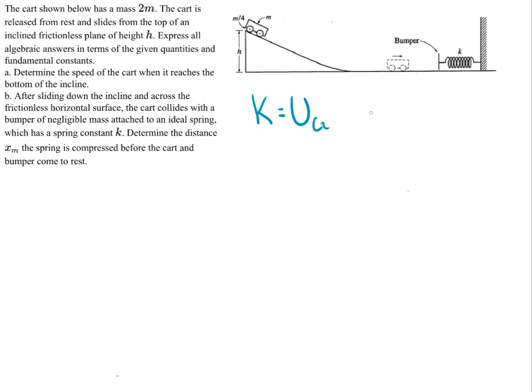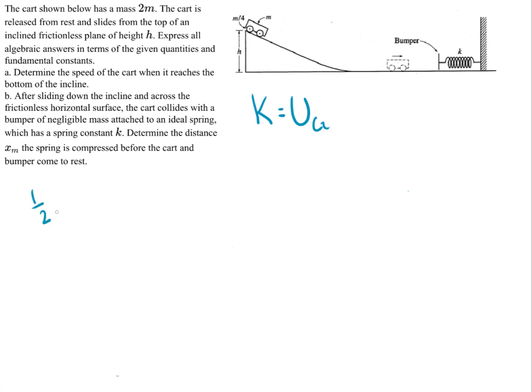This is because gravity is a conservative force, and the energy does not get dissipated into heat or sound or anything else by friction or other methods of energy loss. So we're assuming that there is no other energy loss whatsoever to heat except for the transformation of the gravitational potential energy into kinetic energy as it accelerates down through the incline.